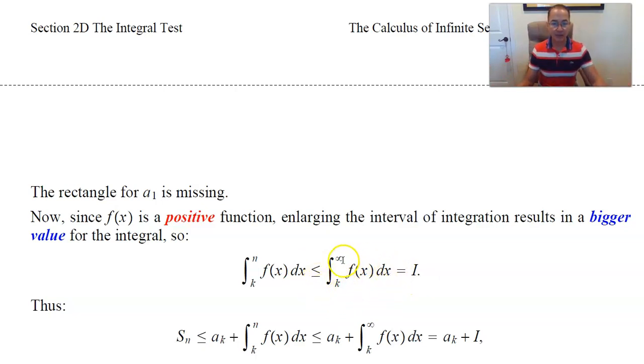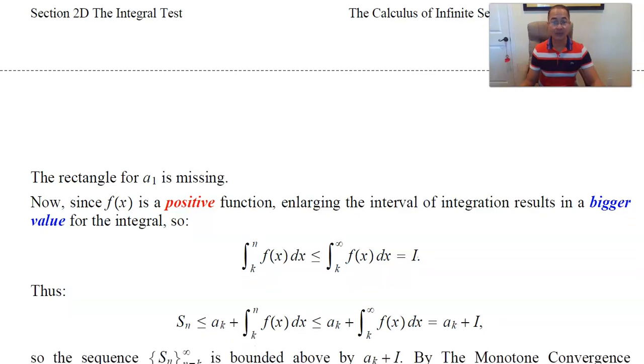But we know that this improper integral converges to I. So our partial sum is less than or equal to ak plus the integral from k to n, which is at most the integral from k to infinity, which is at most I. Therefore Sn is less than or equal to ak plus I. This is an upper bound for our partial sums.